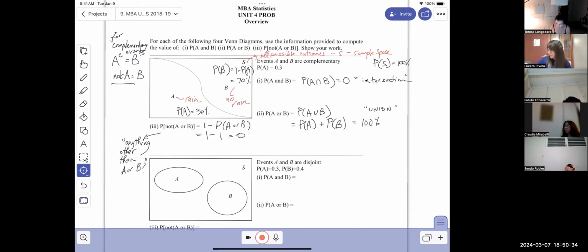So disjoint events do not overlap nor intersect. What's something else you can tell me?